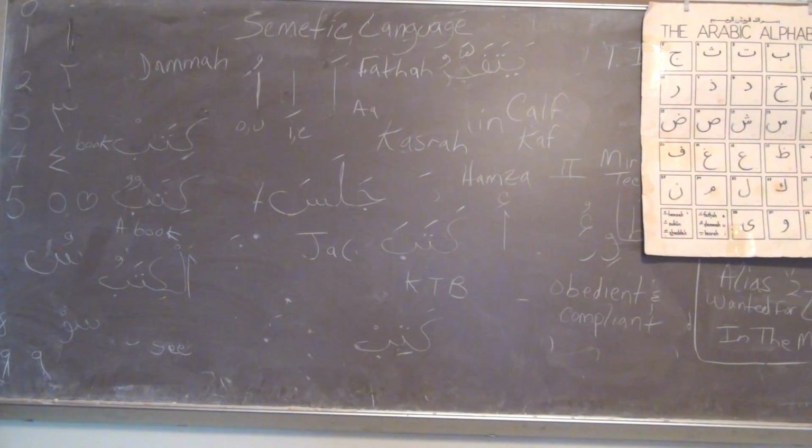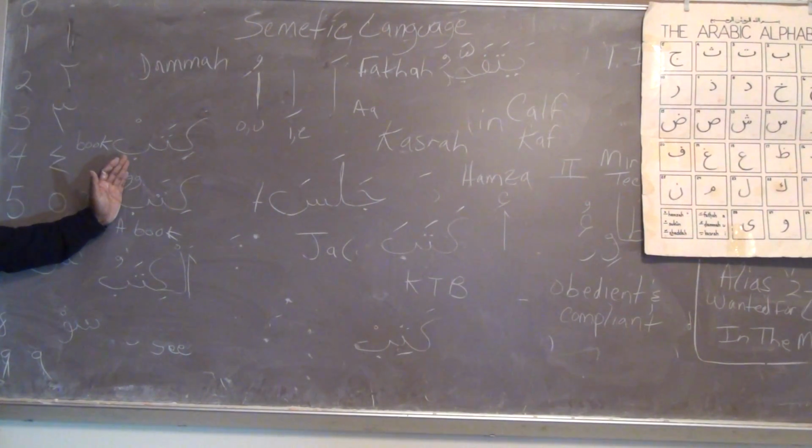In grammar, you're going from a book with the tanwin at the end. We call this tanwin when it's like this, okay? We're going from kitabun to al-kitabu. It loses one of these dhammas up here. So now you have to say the book.